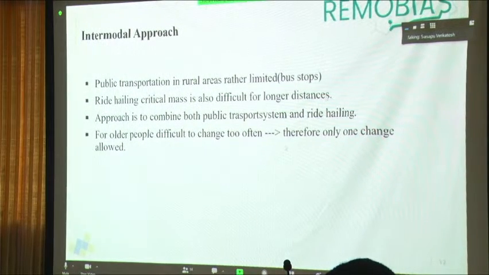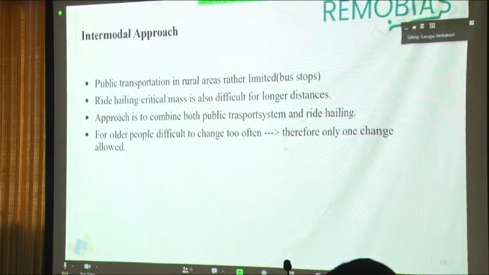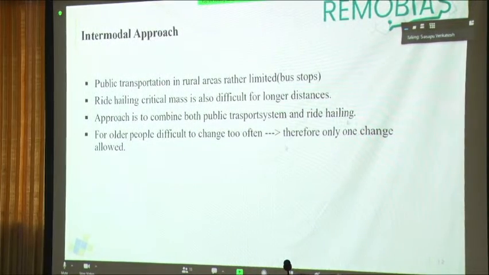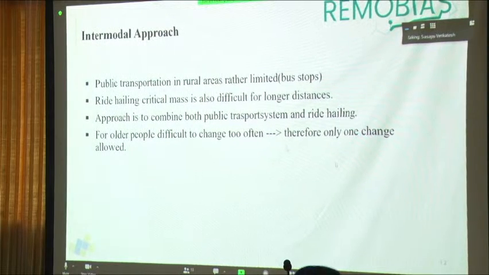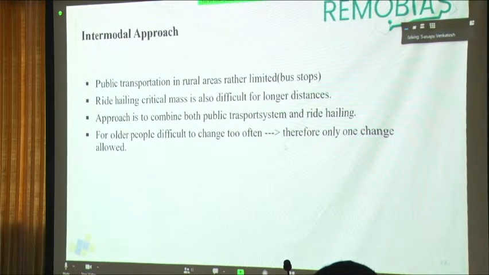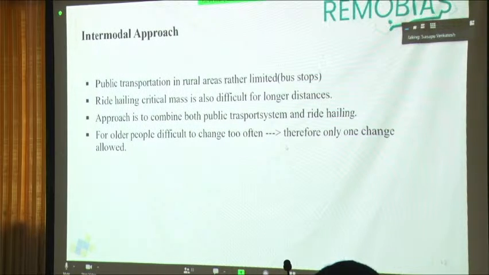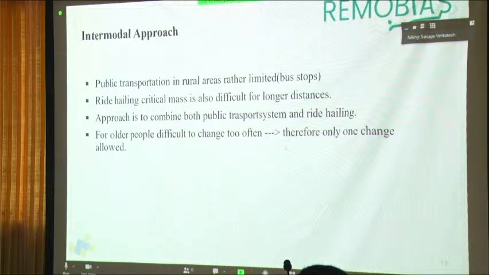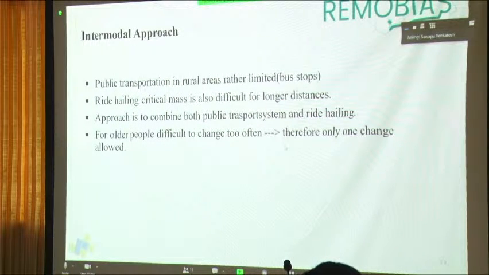So in this case, we wanted to come up with a combined model of a public transportation system as well as a ride-hailing system. As an end user, we concentrated here on older people. We wanted to allow a change from public transportation to the carpooling system, and we limited it to just one change.